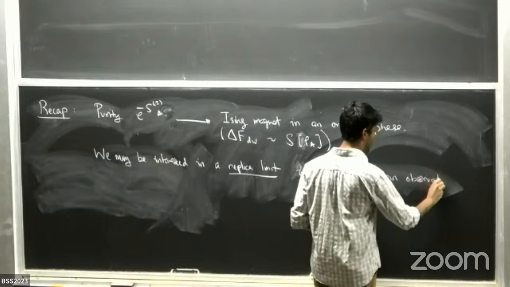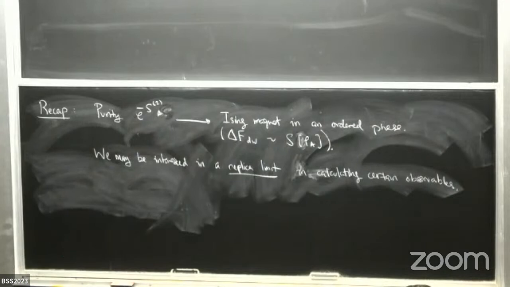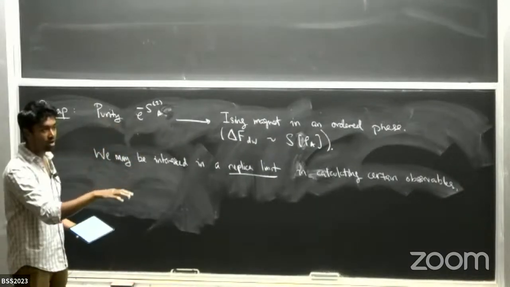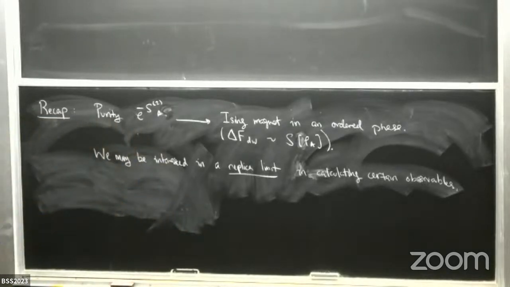If one were to try to tackle the calculation of the Haar average, say of von Neumann or Renyi entropies head on, you would want to calculate the trace of rho A raised to some power, right? Do the Haar average and then take the n going to 1 limit, or whatever appropriate replica limit would give you the Haar average of the log. And I kind of want to gloss over that discussion for now. But we may be interested in a replica limit.